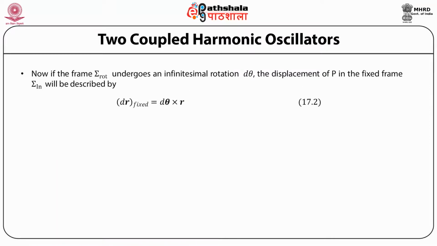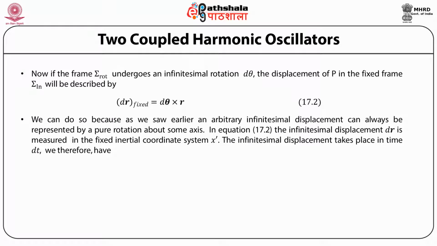Now, if the frame sigma rotation undergoes an infinitesimal rotation d theta, the displacement of the point P, which is fixed in the rotating frame, will be described by dr in the fixed frame is equal to d theta cross r. And this is possible because we saw earlier that an arbitrary infinitesimal displacement can always be represented by a pure rotation about some axis.